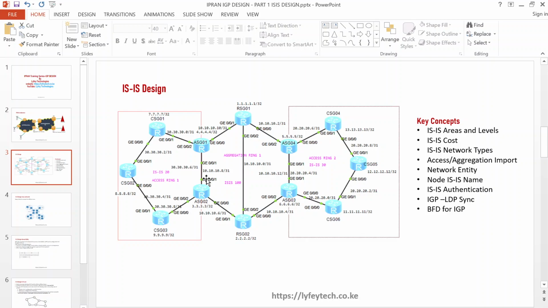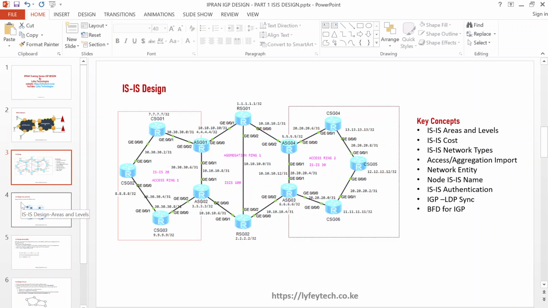How should you achieve that? Then we have the network entity, which uniquely identifies an ISIS node, and then we have authentication, IGP and LDP Sync, and then BFD for IGP. These are some key concepts that you need to pay attention to when you are designing your ISIS protocol for your IPRAN network.